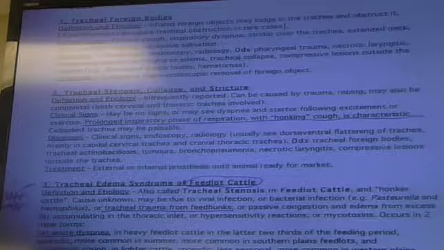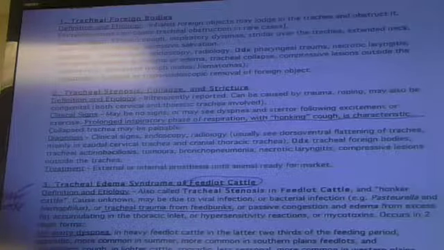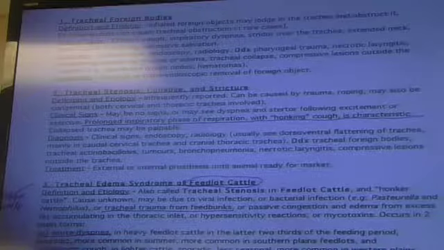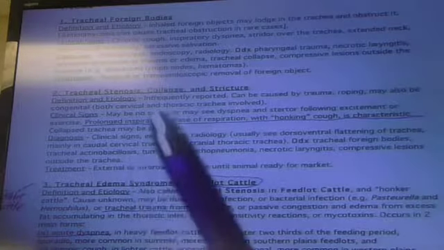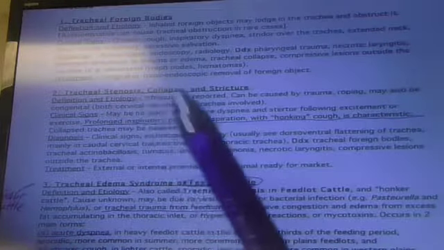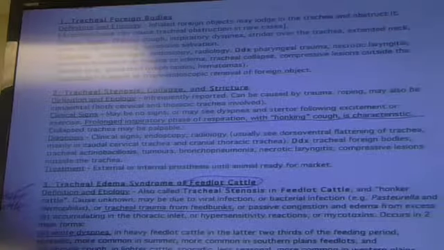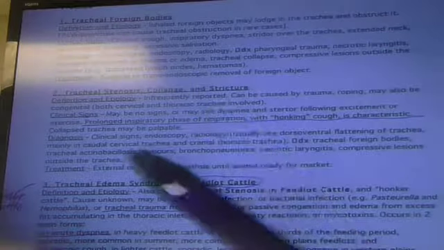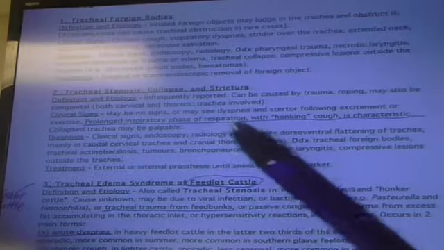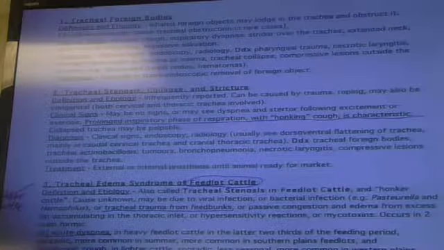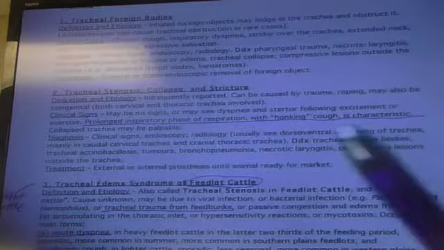So in a minute, I'm going to show you a case that was more than likely congenital. So younger animal or smaller animal is where you tend to find tracheal stenosis, collapse, and stricture. And again, you're getting this prolonged inspiratory phase of respiration, so inspiratory dyspnea.